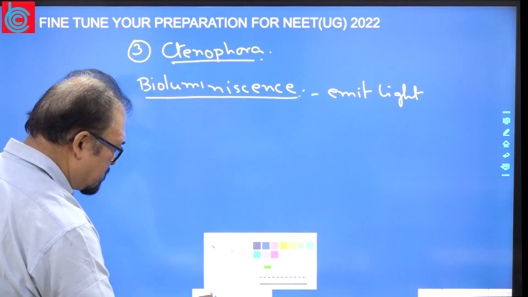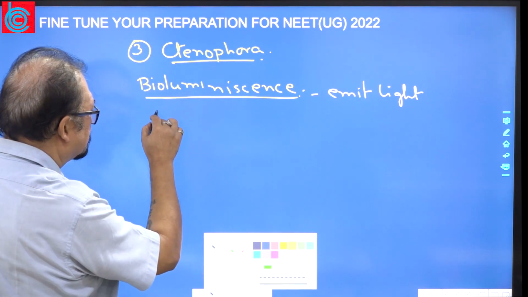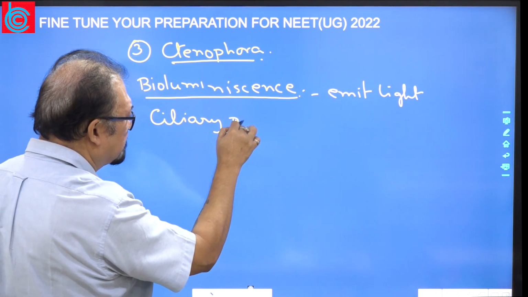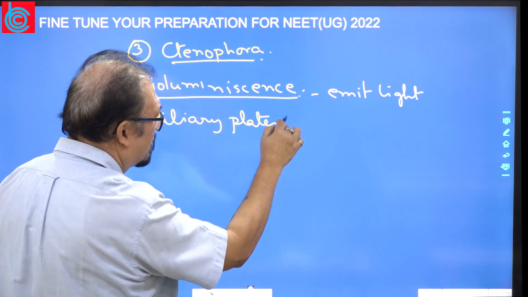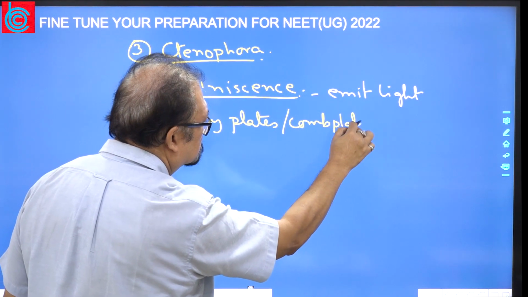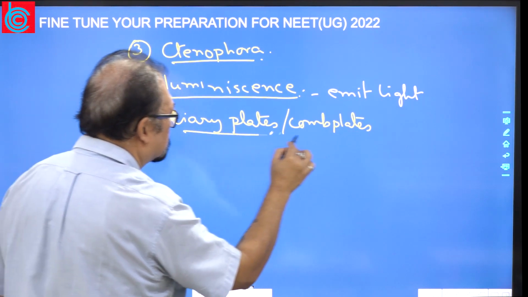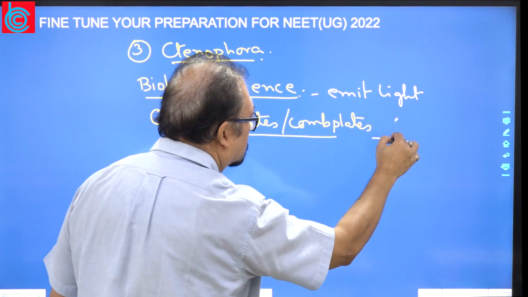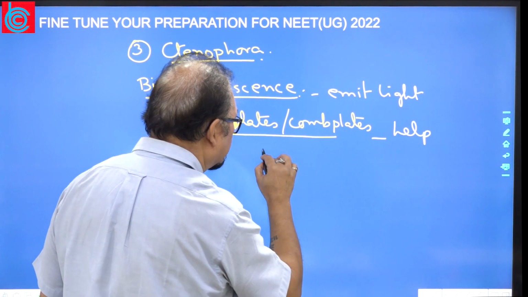Another important character, ciliary plates or comb plates help in swimming.